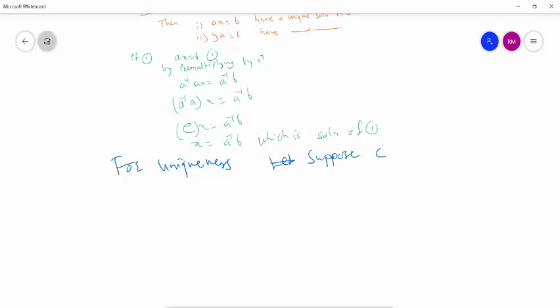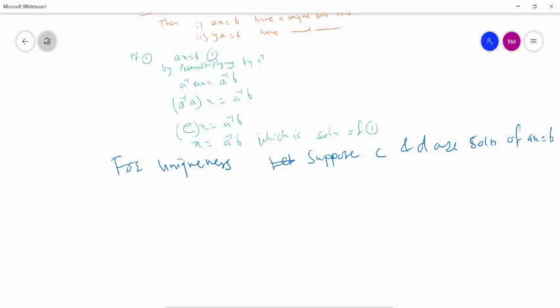Suppose C and D are two solutions. In short, we can write solution of AX equal to B.